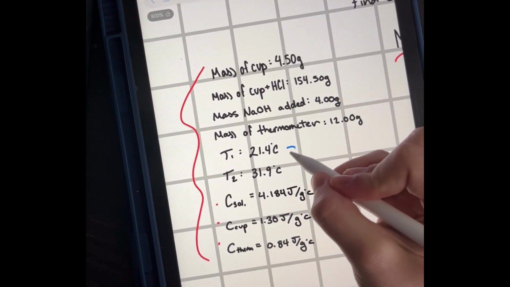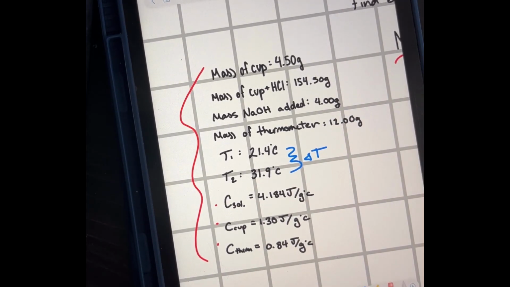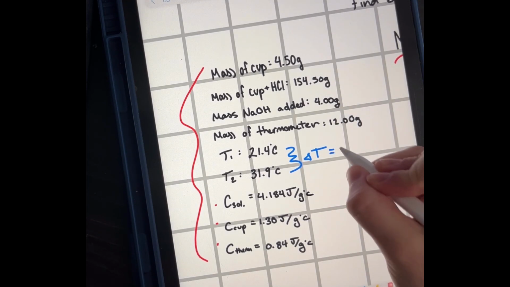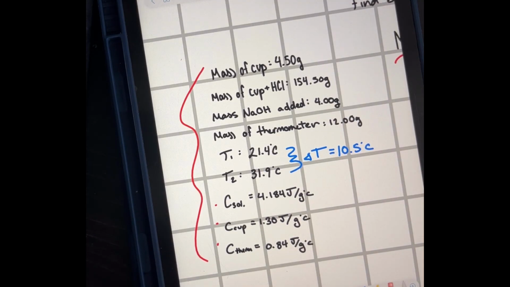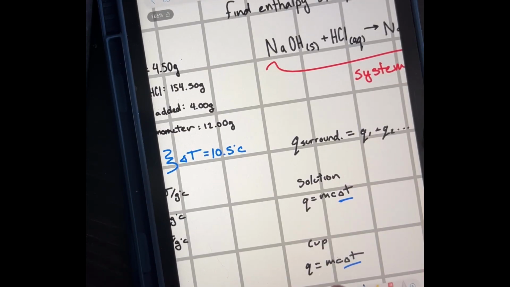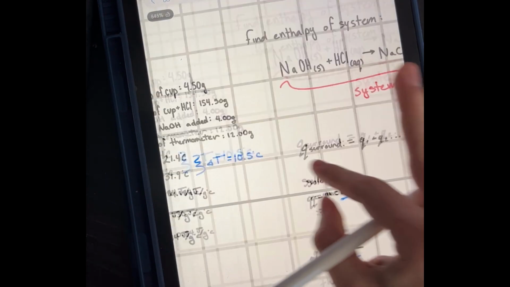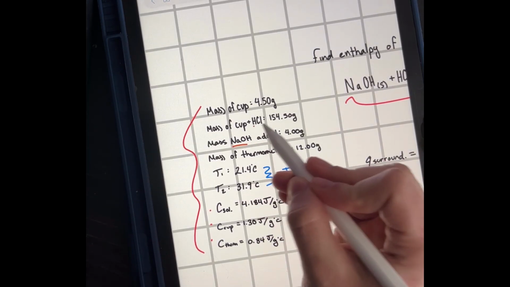The first thing I'm going to do is just calculate the temperature change. So we have 31.9 minus 21.4, so 10.5 degrees Celsius. Okay, so let's start with our solution. Our solution here, it looks like we have a solution made up of two things. So we have our NaOH and we have our HCl.